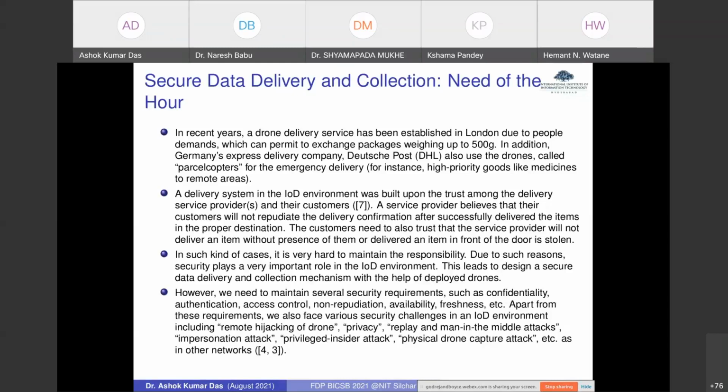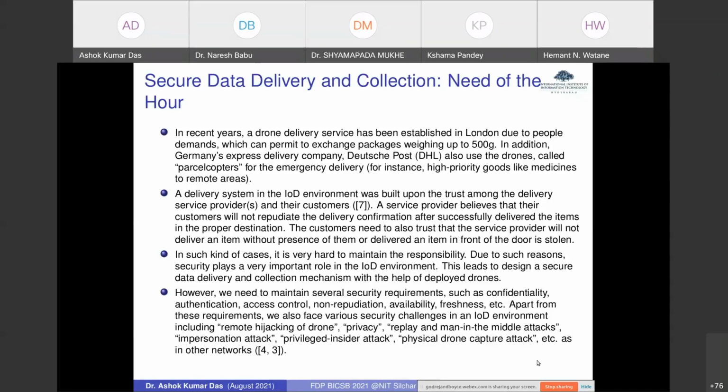Since the drones also communicate over an open or public channel, there are several attack possibilities by an attacker. For example, a replay attack, man-in-the-middle attack, impersonation attack, and privileged insider attack can be done. The most dangerous attack is known as the physical drone capture attack.